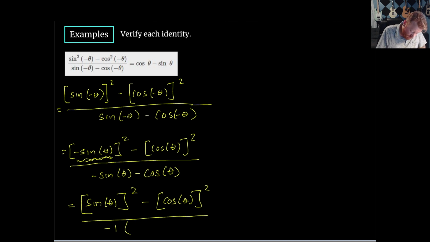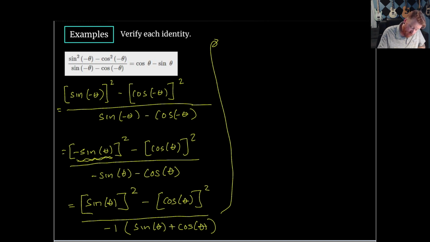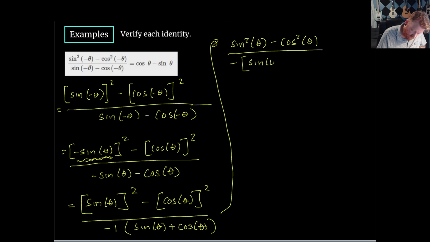I can write -1 times sine of theta plus cosine of theta. So now I can rewrite our numerator as the sine squared of theta minus the cosine squared of theta, all over negative sine theta plus cosine theta.